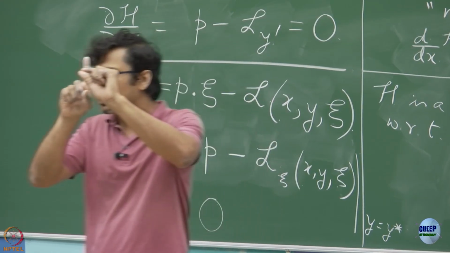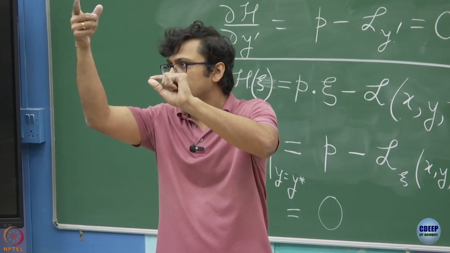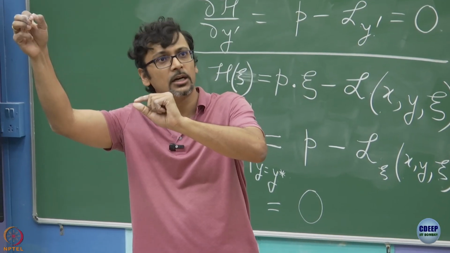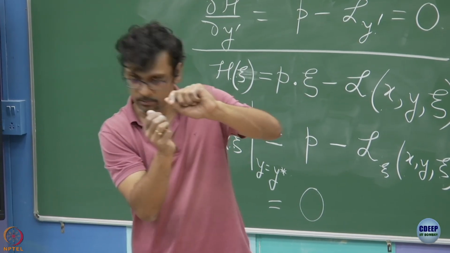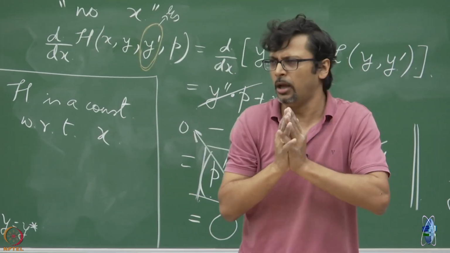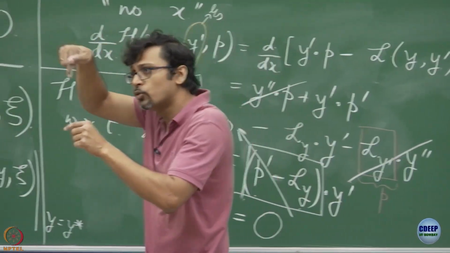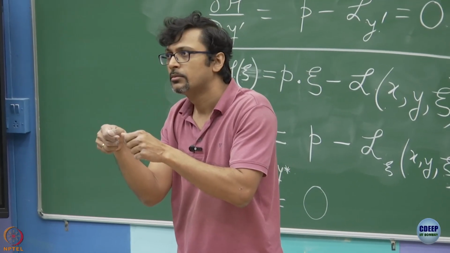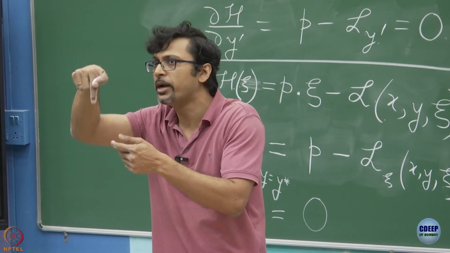so given a particular x and y of a particular extremal curve, let's say you are allowed to choose, and this is where the control theoretic aspect begins to show up, because that is the access point through which you are going to manipulate the curve. So xi is your access point to the system.